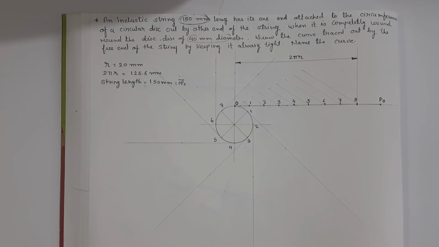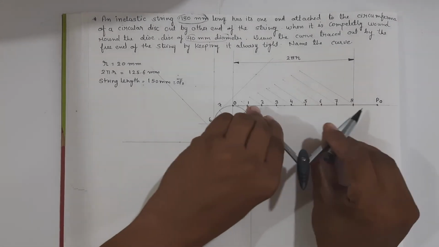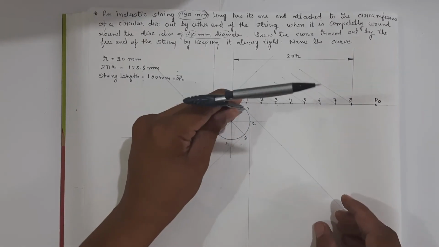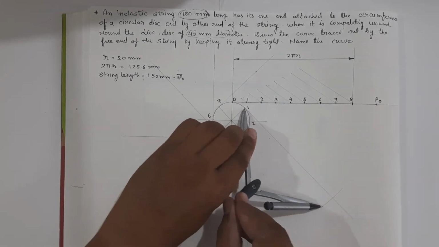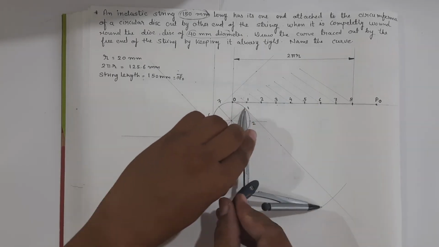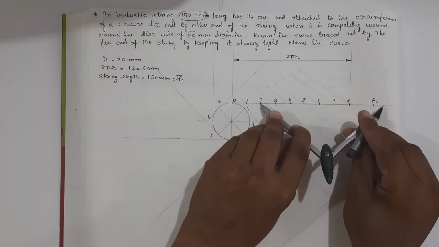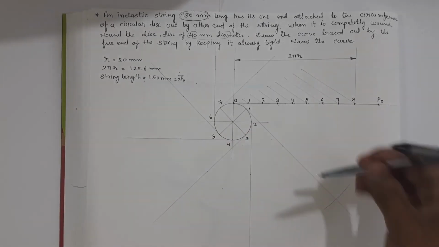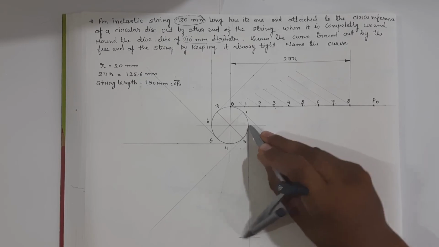Now measure 1 to P0 distance on the rounder, put your rounder on 1 and give an arc on the tangent passing from the first point of the circle. Now measure 2 to P0 distance on the rounder and give an arc on the tangent passing from the second point of the circle.